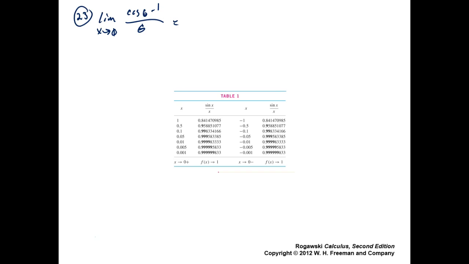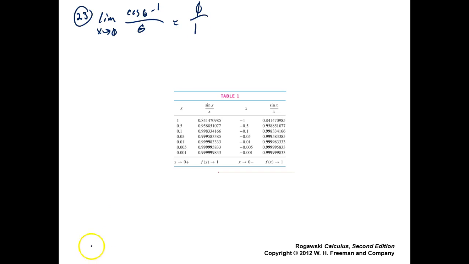I think so. Now, what would be your first step? First thing to try? Plug it in. And when you do that, cosine of 0 is 1, minus 1 is 0, over 0.